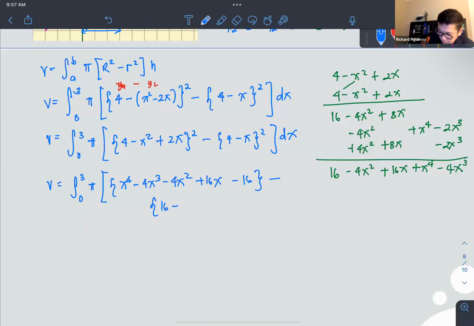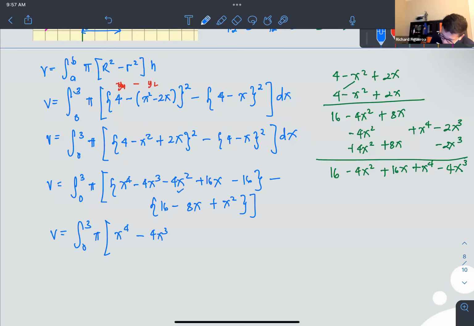So that is 16 minus 8x. And then plus x squared. So combining similar terms. So x to the 4th minus 4x cubed. So I'll have negative x squared and minus x squared. So negative 5x squared.